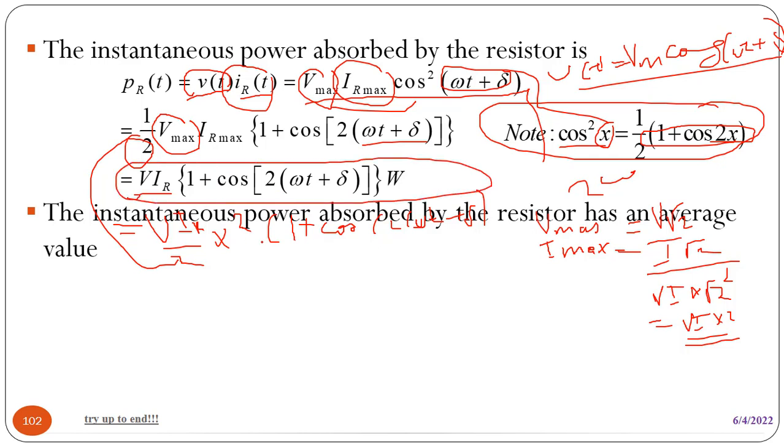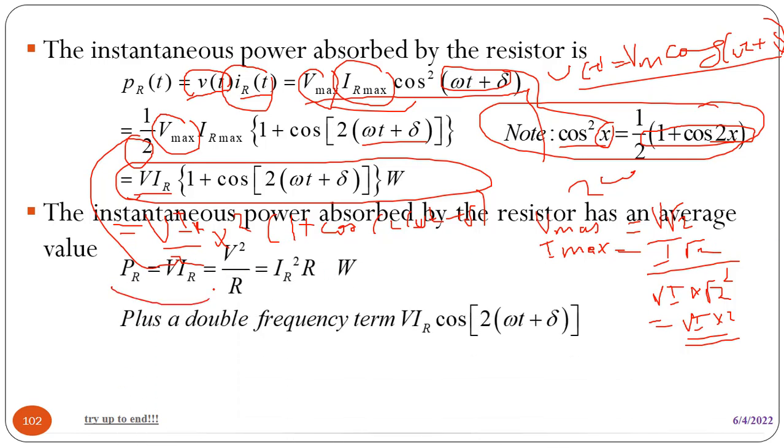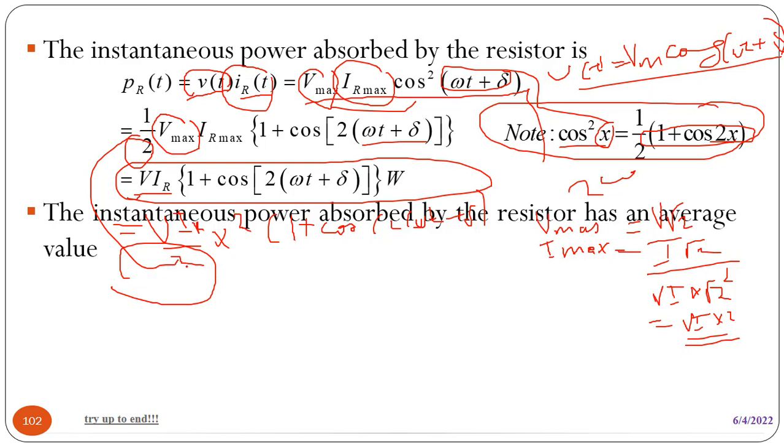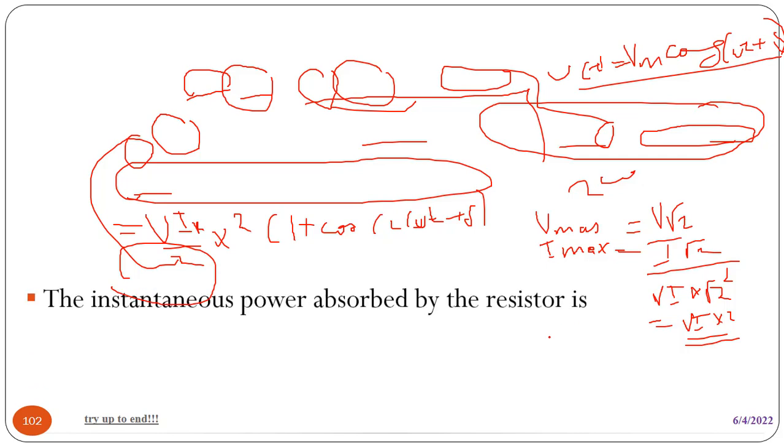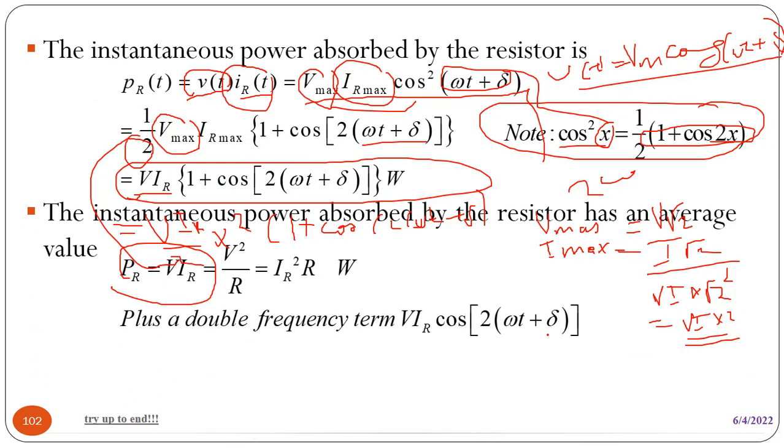So the instantaneous power absorbed by the resistor has an average value of P R equal to V times I R, which is equal to V squared over R, since the current I is equal to V over R. Then substituting this value, we get V squared over R, which is equal to I squared R, measured in watt.